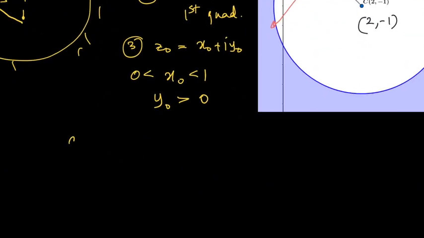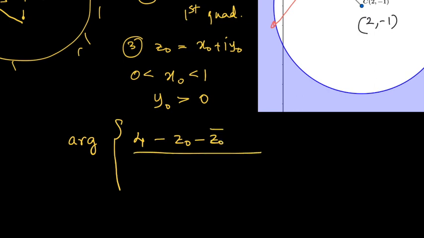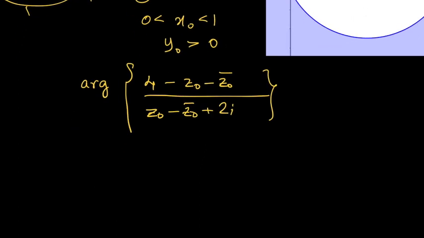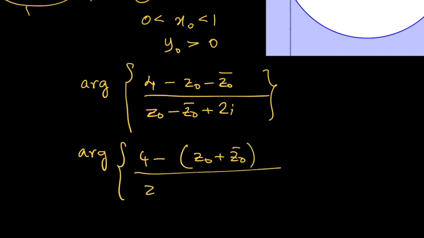So this is the argument of (4 minus (z0 plus z0 conjugate)) by (z0 minus z0 conjugate plus 2i).